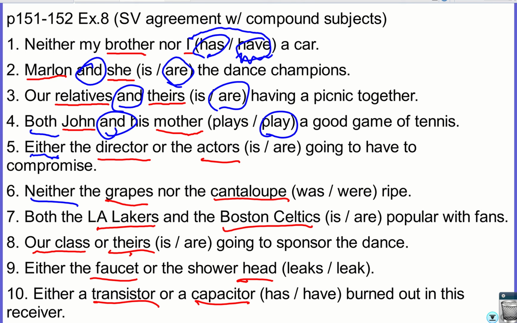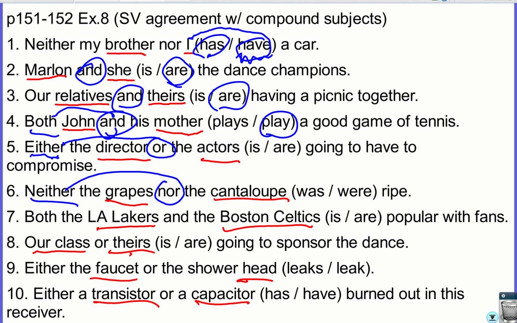Both is always plural, either and neither are always singular. However, in these sentences, those are not being used as pronouns. If you look at what they're actually doing in the sentence, we have both and, we have either or, we have neither nor. So they're functioning as conjunctions, correlative conjunctions, not as pronouns.